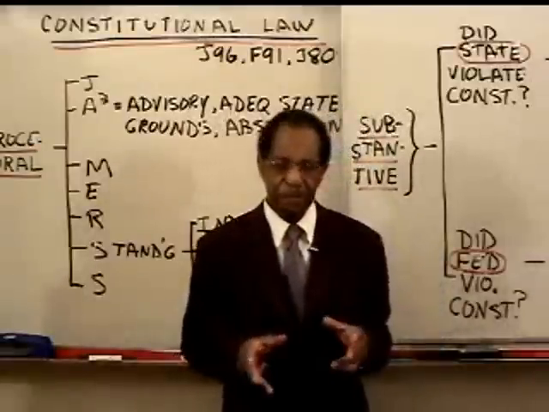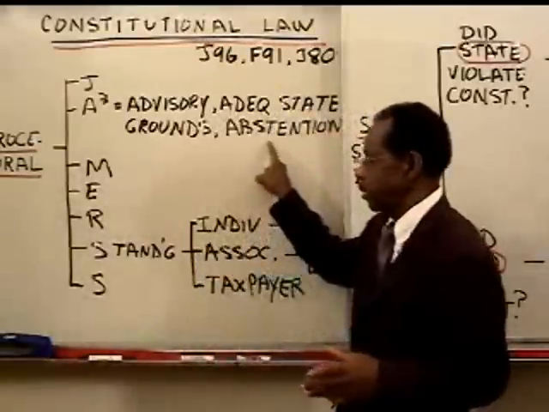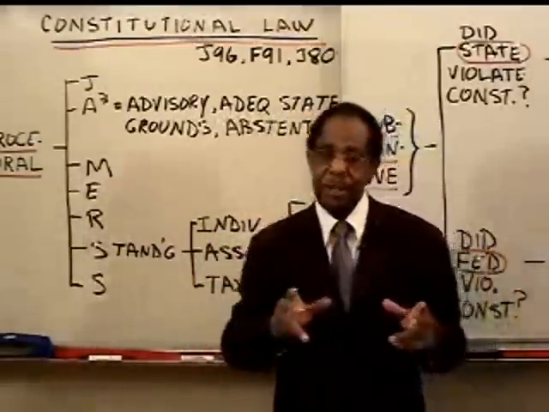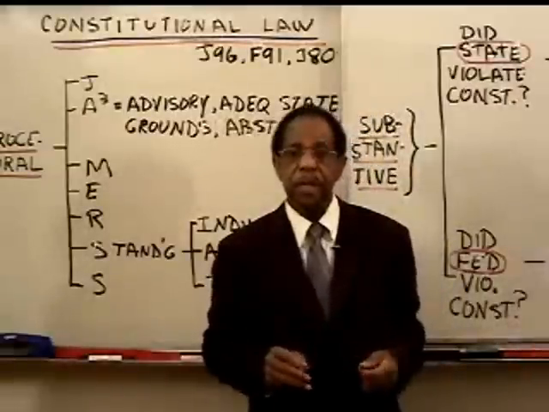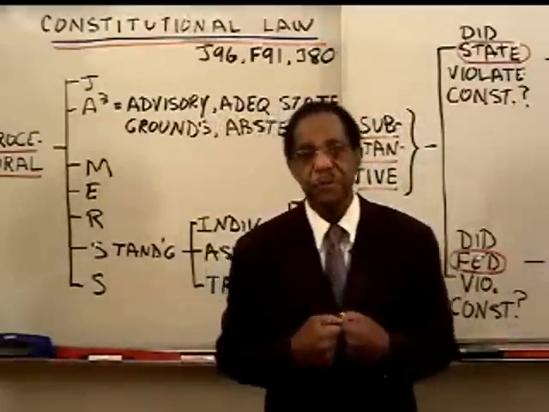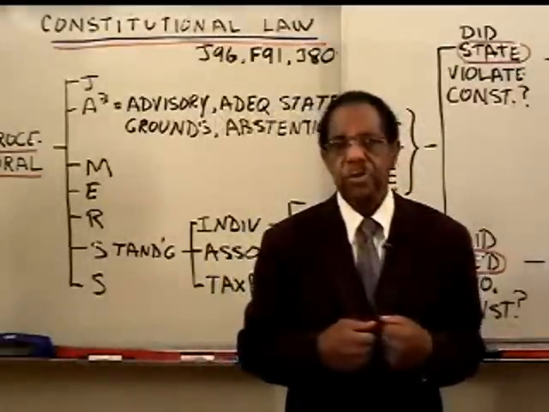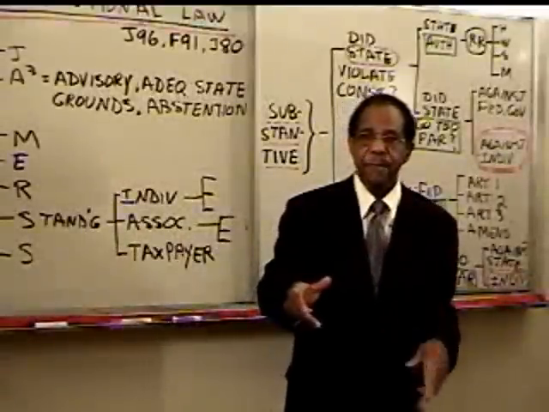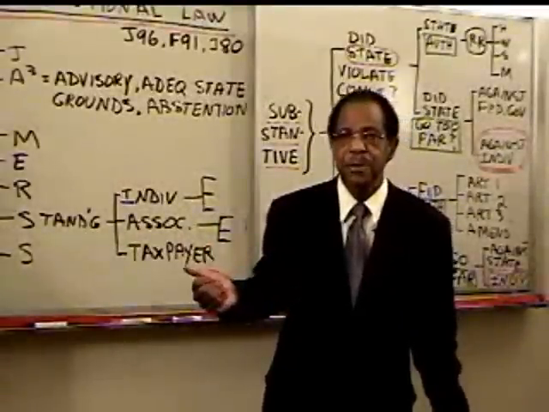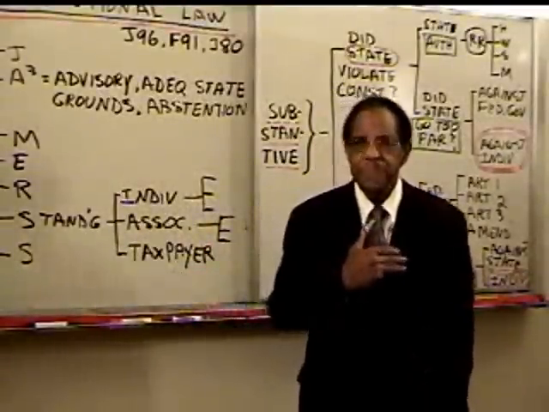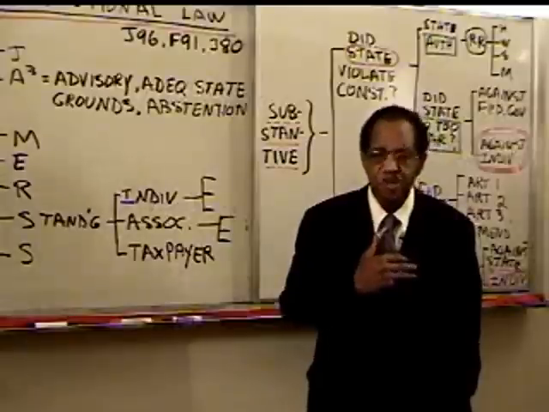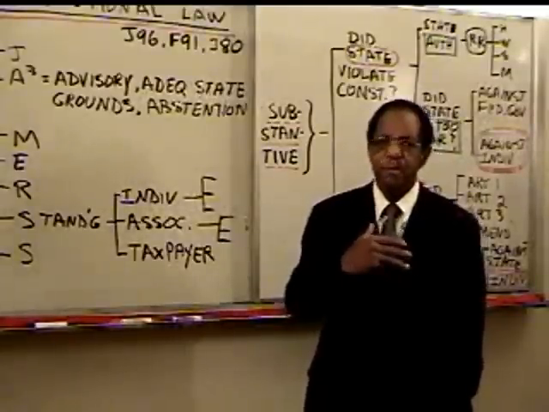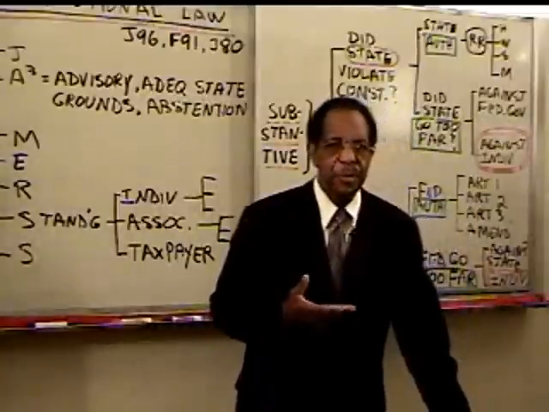Secondly, there's another provision under the abstention doctrine you need to be aware of, and that is that if this state law impairs the individual's fundamental rights, so that while they are waiting for the state to interpret this state law, they would be afraid to exercise their free speech, their freedom of press, their freedom of religion, the right of privacy, whatever these are.